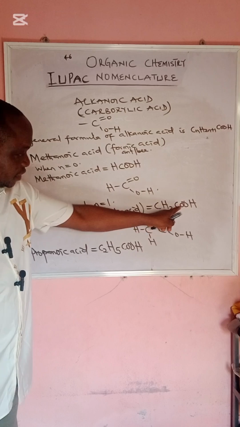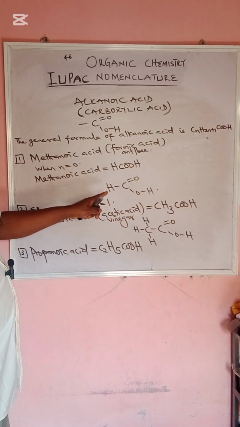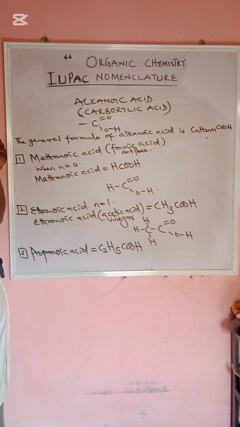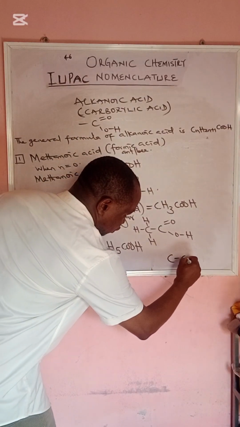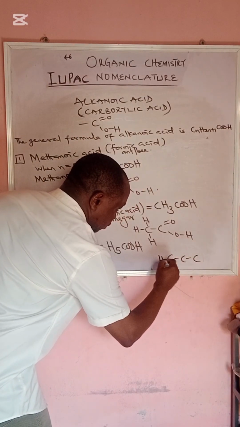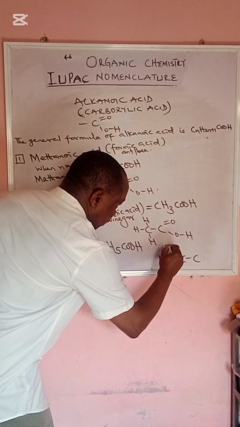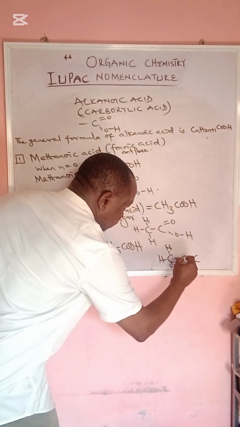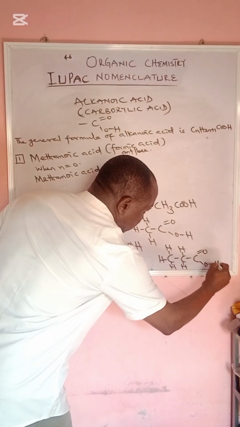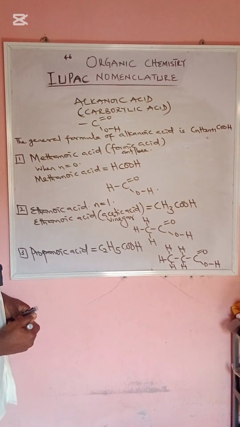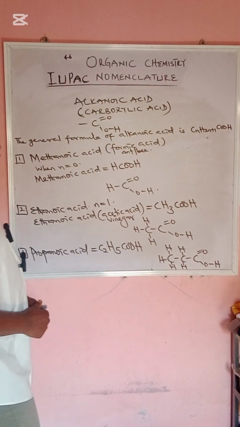Take note of that. So you can draw the structure of this. Still the same thing: 1, 2, 3. Hydrogen here, hydrogen here, hydrogen here, hydrogen here, hydrogen here. Then double bond, single bond, H. That's the structure of propanoic acid.